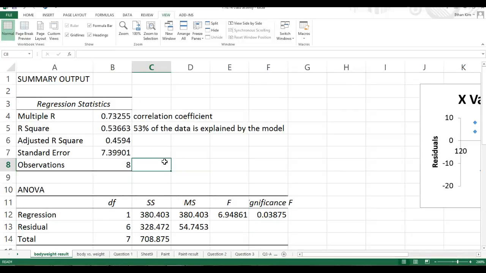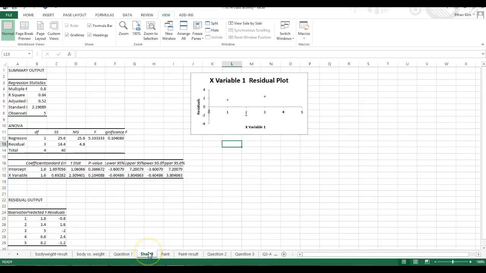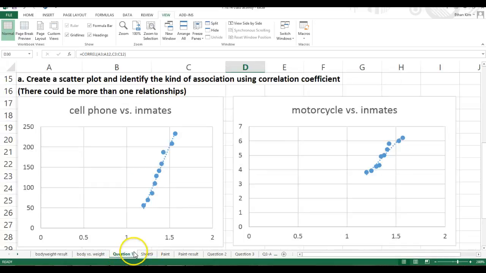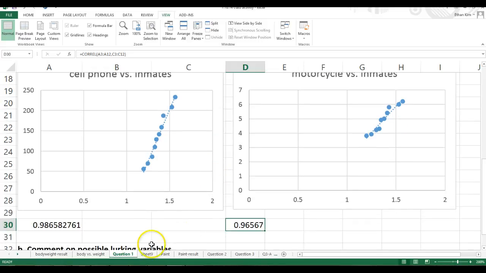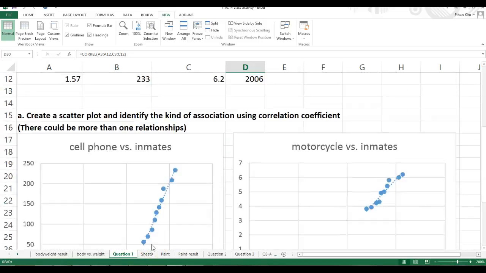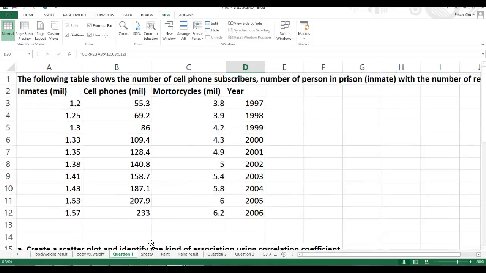All right, so now I'm going to give you a class activity. I'll let you work on this. This was part of your homework, question 1 from yesterday's homework, and we want to use this data to look at the linear regression.